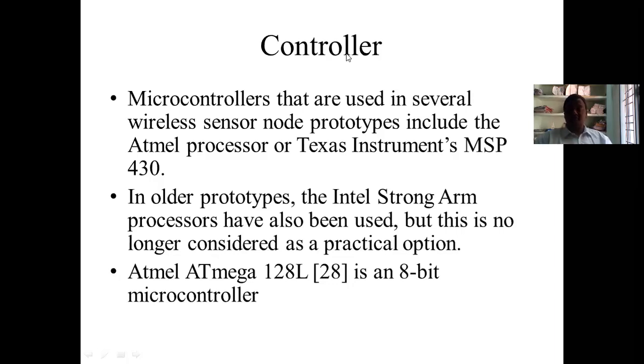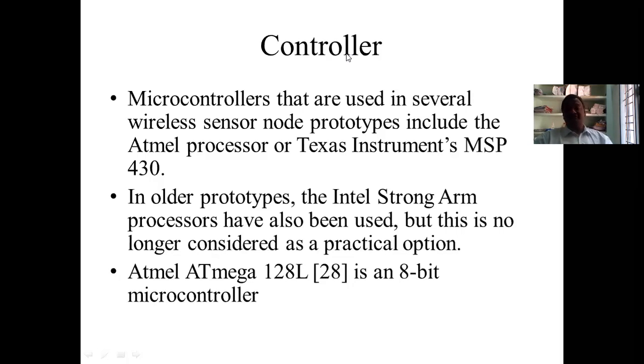ASIC and FPGA consume more power. The microprocessor is a 32-bit and also 16-bit processor. Because a sensor can send only low power and low frequency data, it requires only a smaller number of bits. So for a wireless network, the controller is preferable.